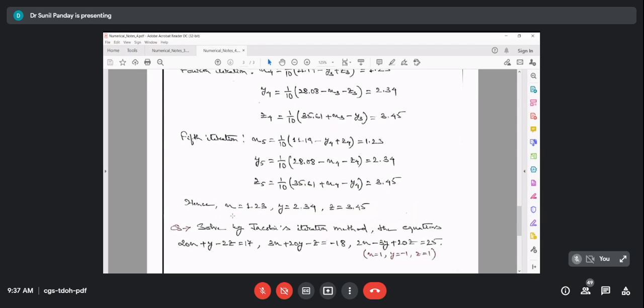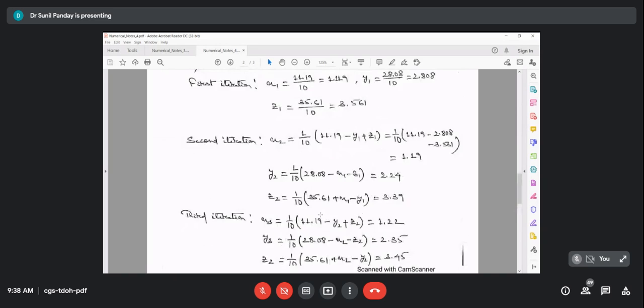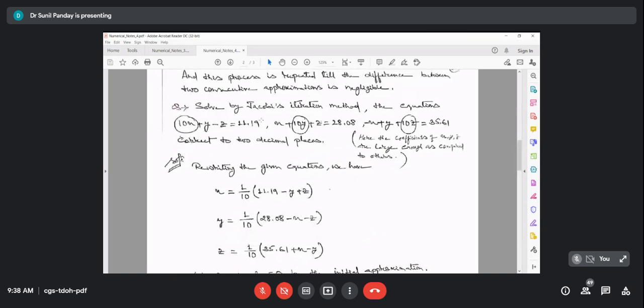If you substitute x equals 1.23, y equals 2.34, and z equals 3.45 in any one of the given equations, maybe you will get 11.19, or maybe you will get 11.18000001 something. So that one is nearly equal to this, not exactly equal to this.